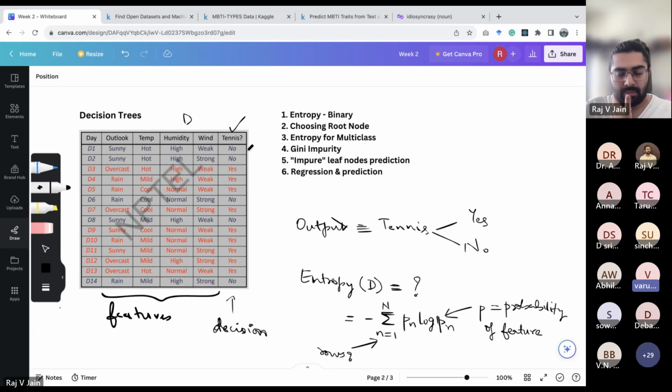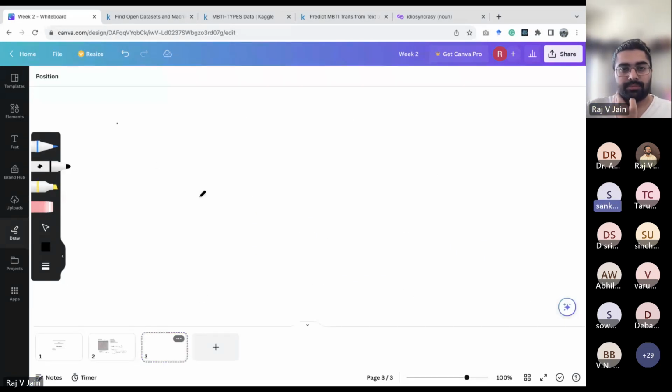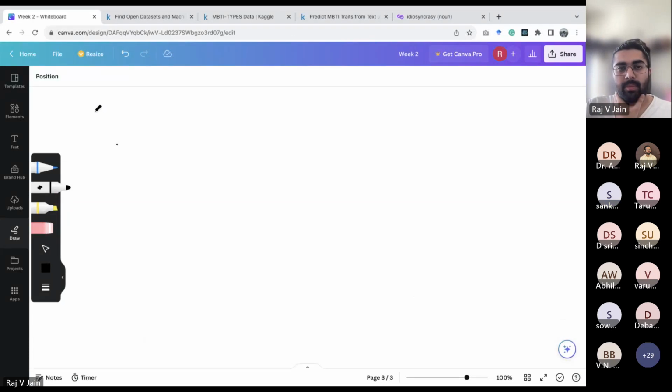I think it's the probability of each feature column, for example the probability of outlook, temperature, humidity, wind. Actually I think it's only the output classes we have, yes or no, right? So how many yes we have and how many no we have, and based on that we should go.